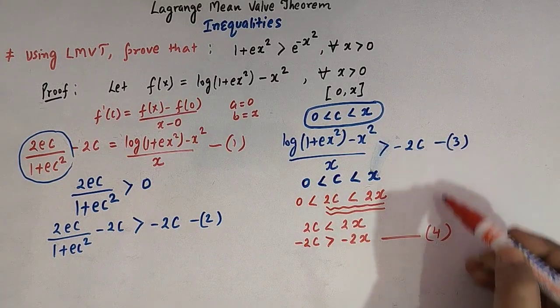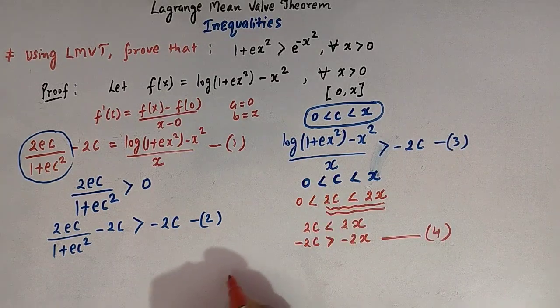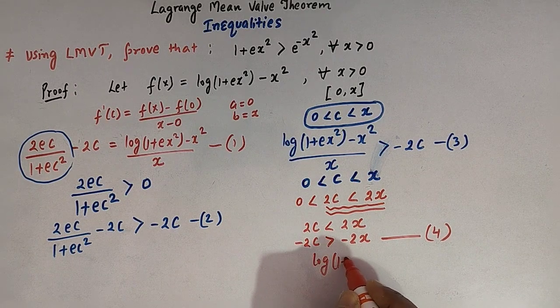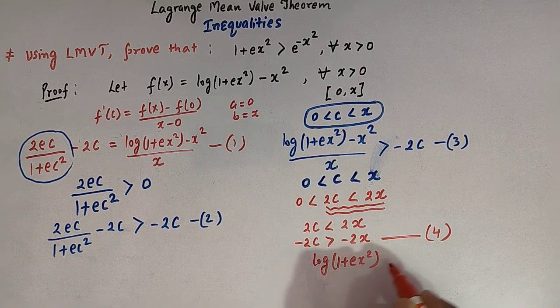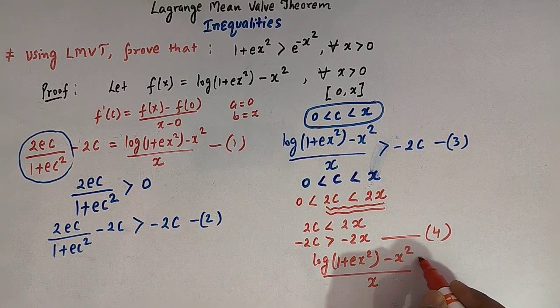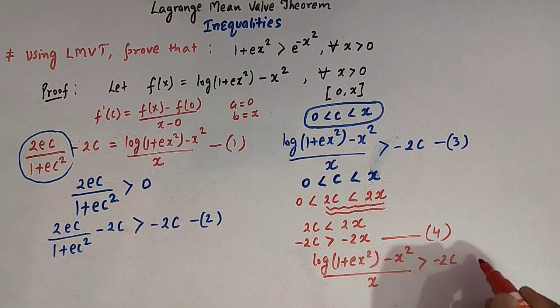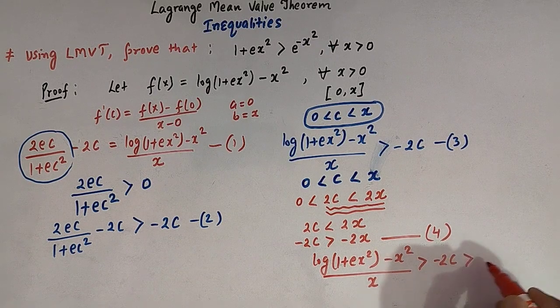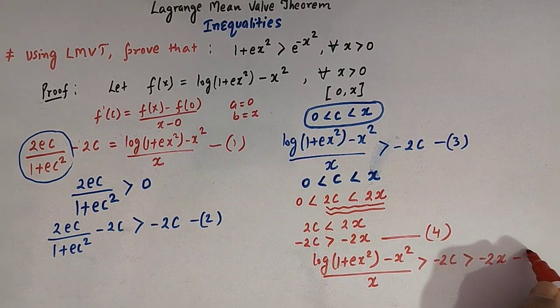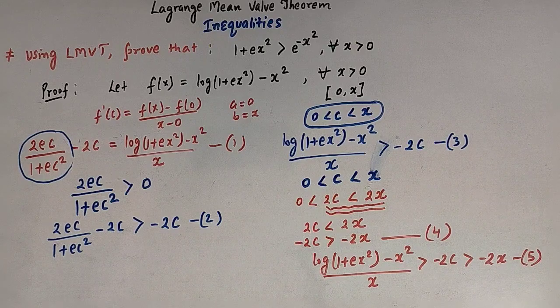So if we merge these two inequalities, we'll get log of 1 plus e^(x²) minus x² divided by x is greater than minus 2c, and minus 2c is greater than minus 2x. So this is our inequality number 5.